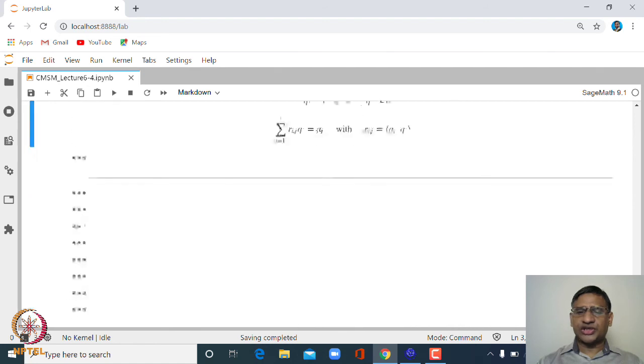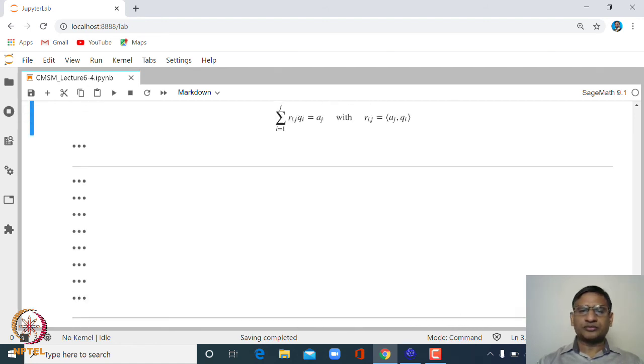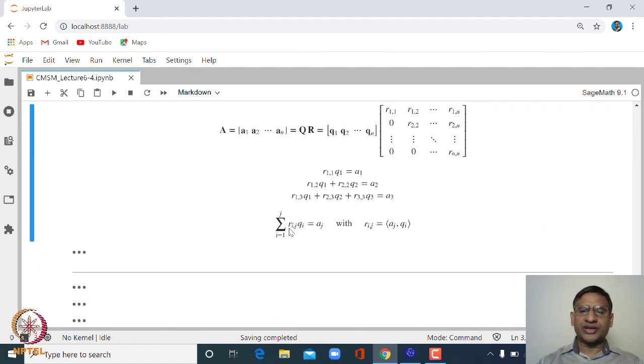So in general, what you have is the summation of Rij times Qi, i going from 1 to j, is nothing but Aj, that is the jth column of A. It is the product of Q multiplied by the jth column of this R, and from this you can take the inner product of both sides with Qi, and you will get Rij.